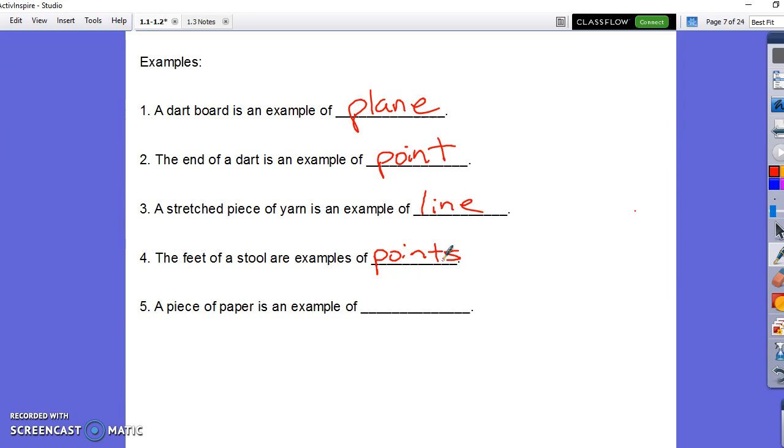But when we're talking about the feet of a stool, if I have this stool right here, and I dipped it in paint, and then took it over here and put it on the floor, when I picked it up, I would have 4 points on the floor, right? Yep. All right. And lastly, a piece of paper is an example of what, Abigail? Plane. Very good.